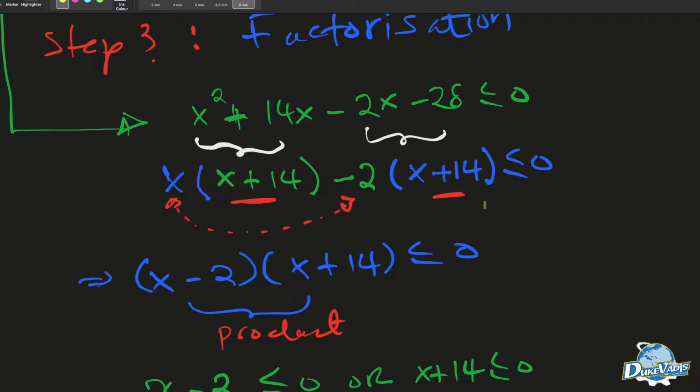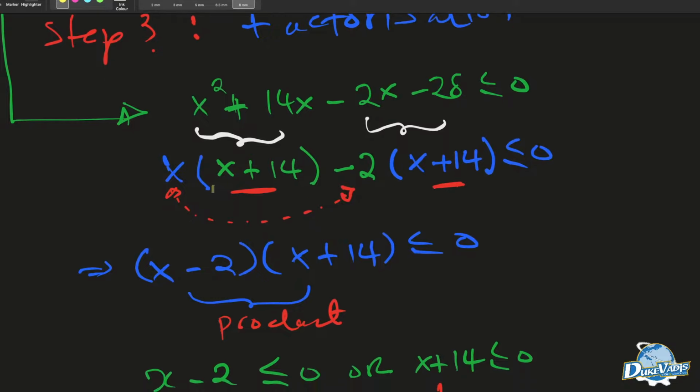If you solve every quadratic equation, that is what happens. If you don't see something like that, that means you are off tangent. So now we realize that x plus 14 and x plus 14, on the left and right hand side, are the same. But the x minus 2 comes out of the equation, so x minus 2 became one of the factors.